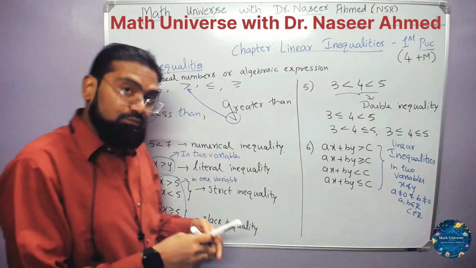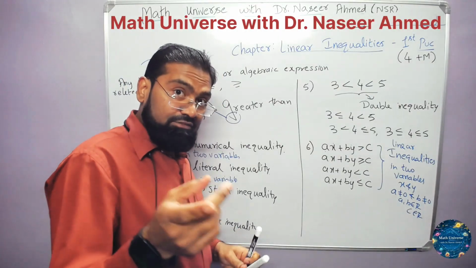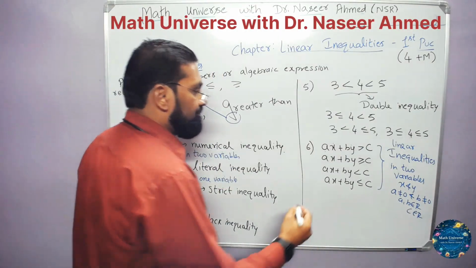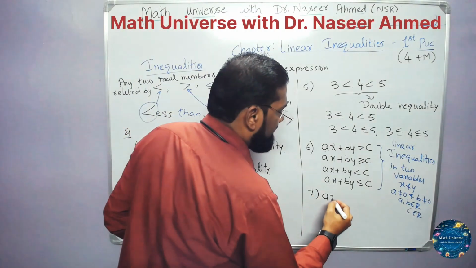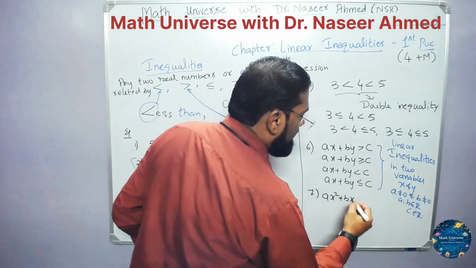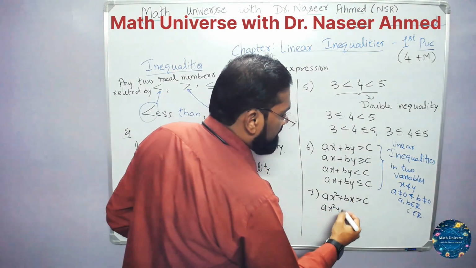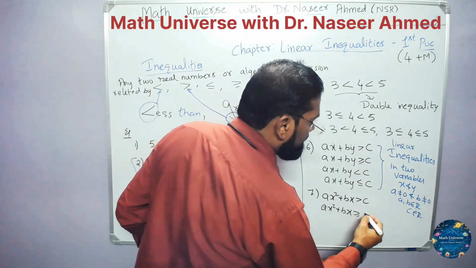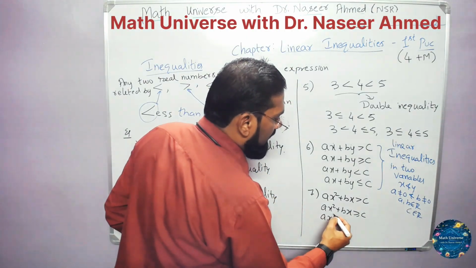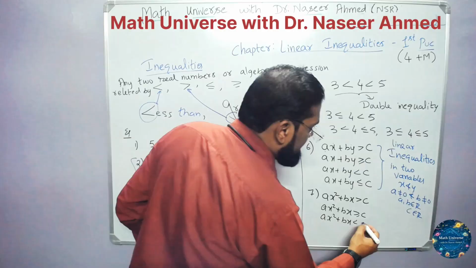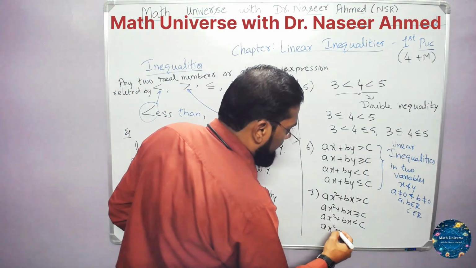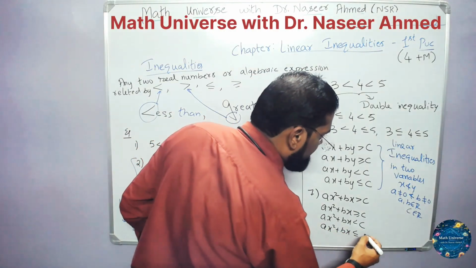Now one more. What if I've got degree 2? See carefully. I can have something like this: ax square plus bx greater than c, or ax square plus bx greater or equal to c, or ax square plus bx less than c, or ax square plus bx less or equal to c.